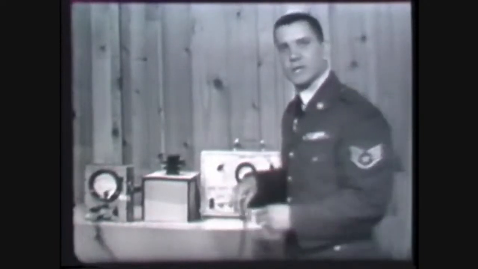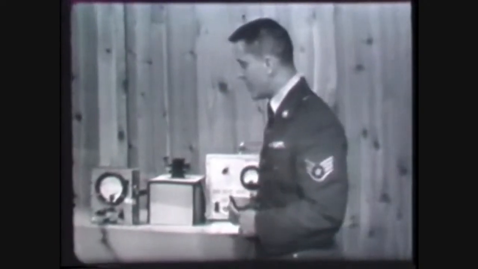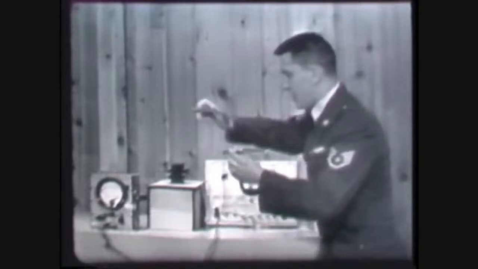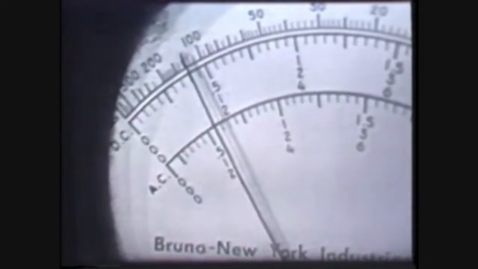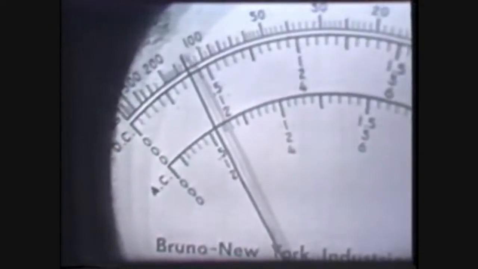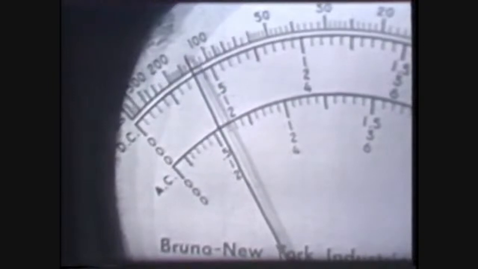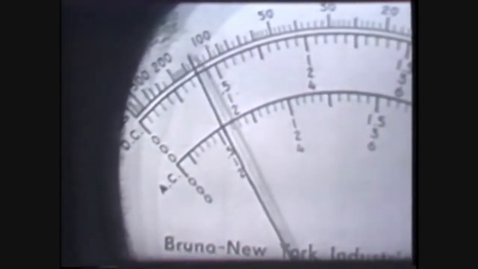Now, the PSM6 has already been set up to measure AC voltage on the 50-volt range. So, let's go ahead then and see how much voltage is available at the secondary. If we'll take a look at the AC scale now, and it'll be the middle row of numbers, you can see it indicates 11 volts are available at the secondary.